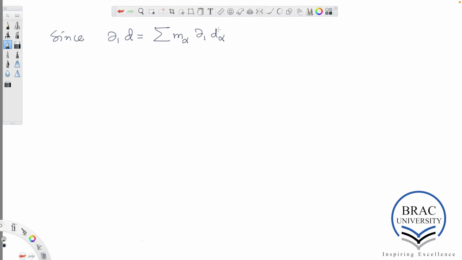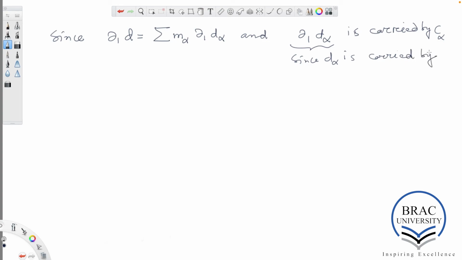So we are applying this operator delta 1 to the one chain D. And delta 1 d alpha is carried by C alpha, since d alpha is carried by the component C alpha.